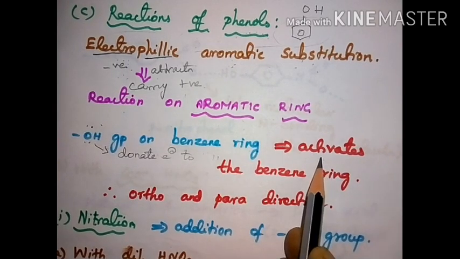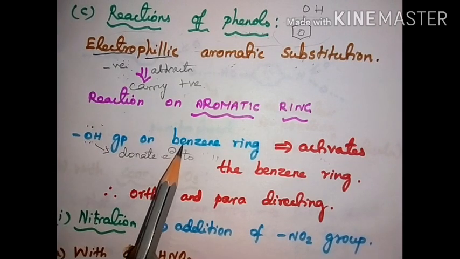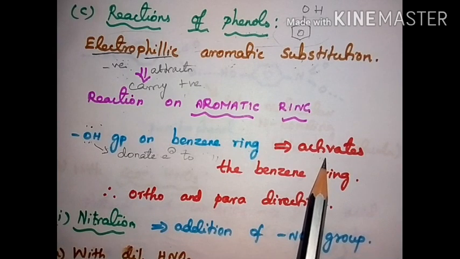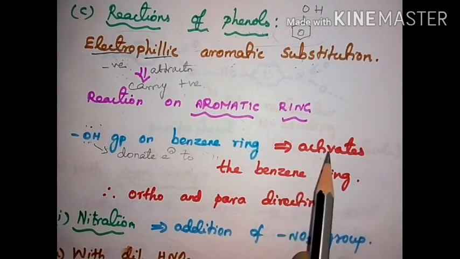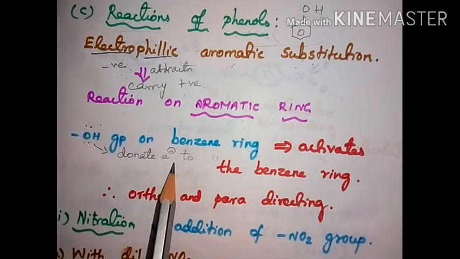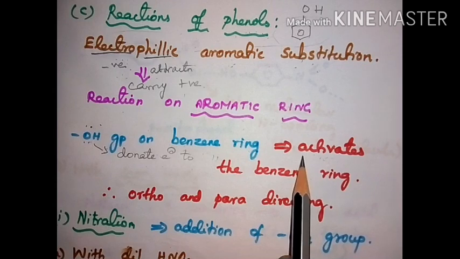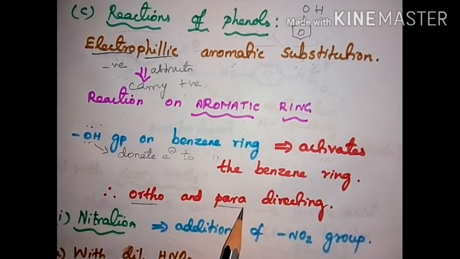So it activates. If any group attached to the benzene ring donates electrons to it, then it activates the benzene ring. That is commonly called an electron releasing group. Electron releasing group means it activates the benzene ring, and if it activates the benzene ring it is always ortho and para directing.